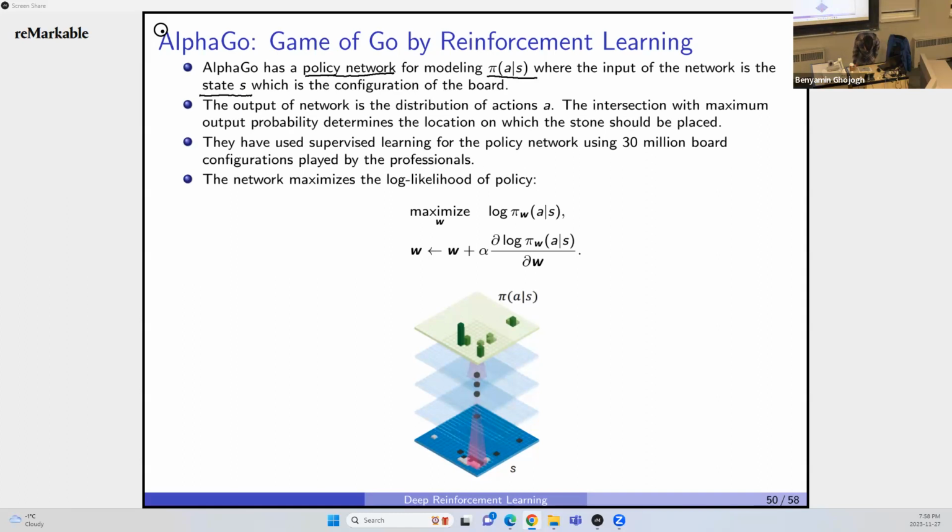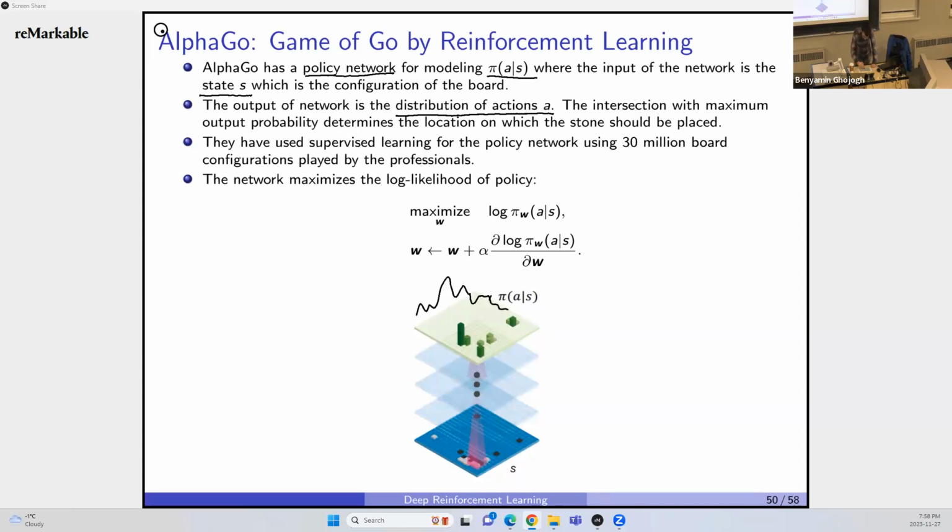The output of the network is a distribution of actions. What do I mean? Of course, they use a softmax activation function at the end. It's like a 2D layer at the end, right? So you have a bunch of neurons with different probabilities.